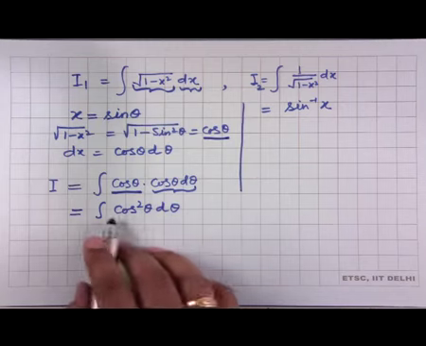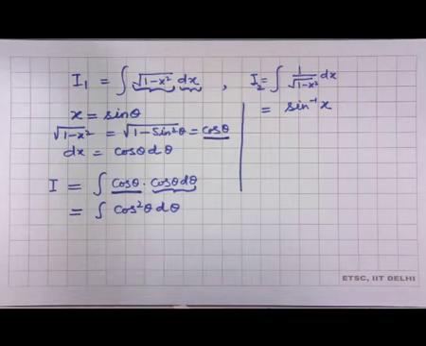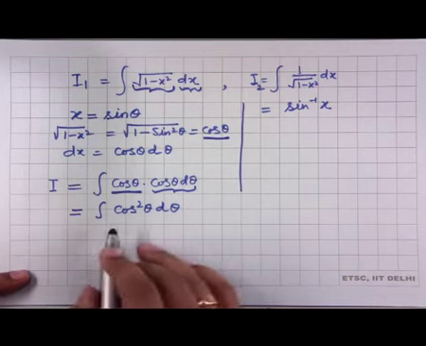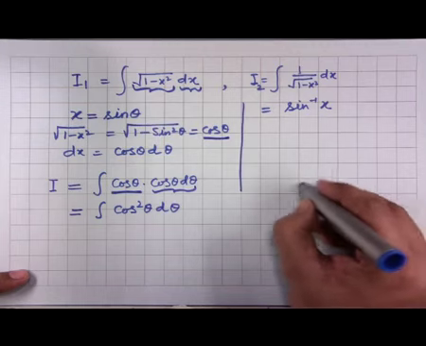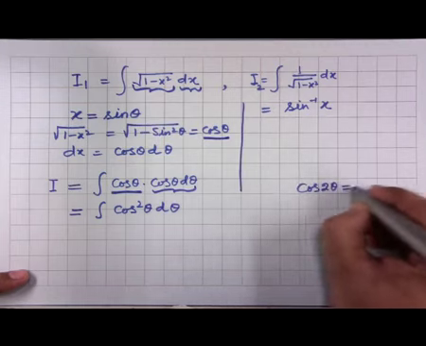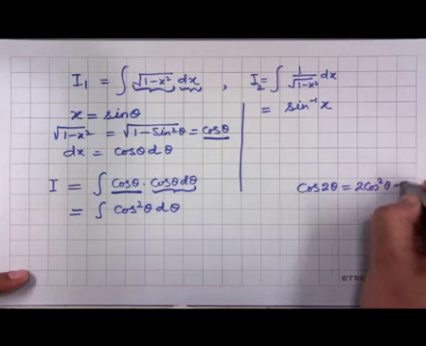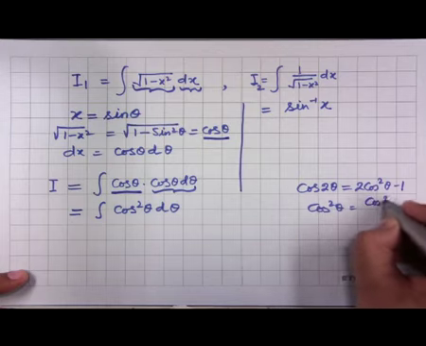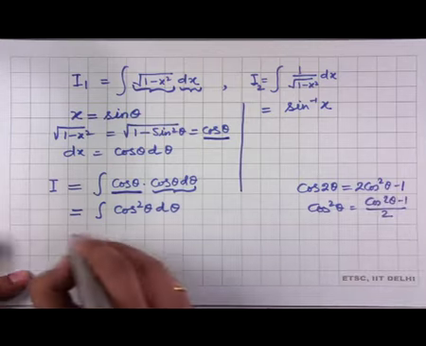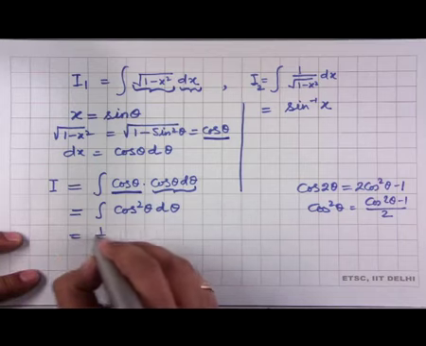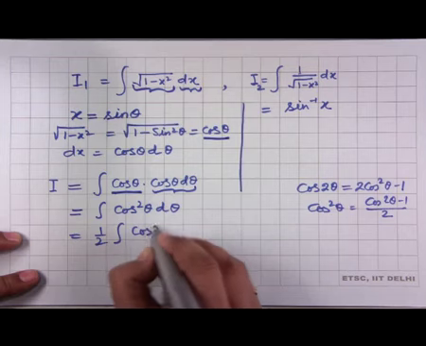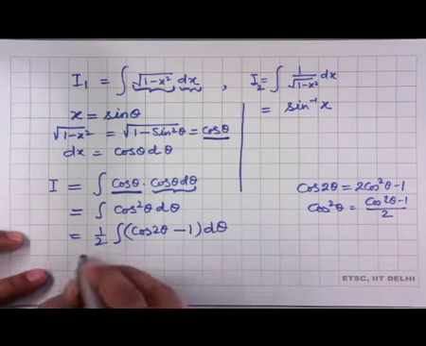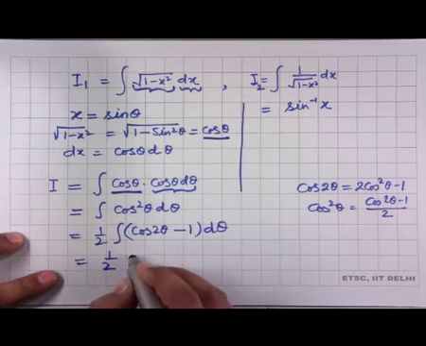This I think you can guess we can evaluate, since it has a quadratic term here. First of all we have to convert it into a linear form of cosine. Fortunately, we know the formula cos of 2 theta equals 2 cos square theta minus 1, which gives cos square theta equals cos 2 theta plus 1 by 2. I will replace it by that factor, so I get 1/2 outside, and this becomes integration of cos of 2 theta plus 1 d theta, which leads to 1/2 of the integration of cos 2 theta.